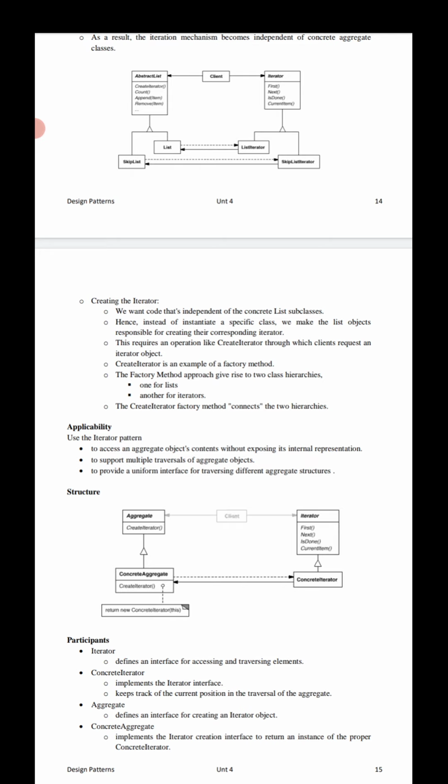How many class hierarchies? Two: one for list and another for iterators. So the create iterator factory method connects the two hierarchies.